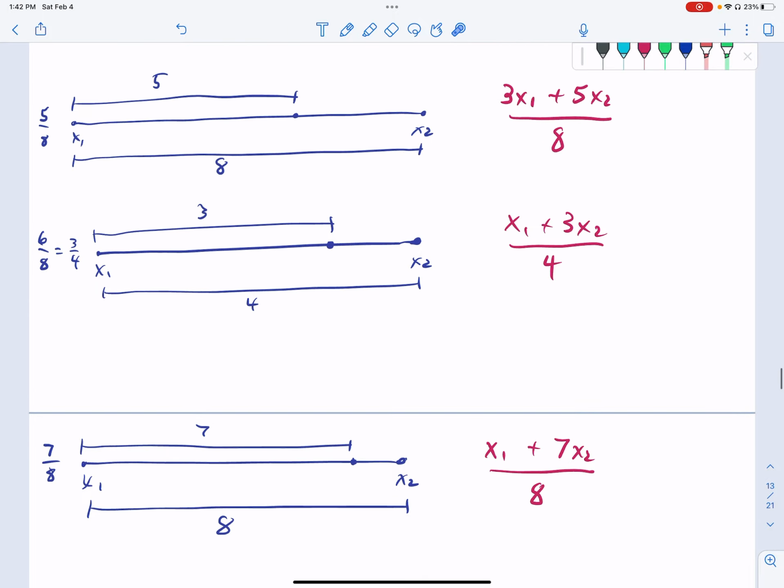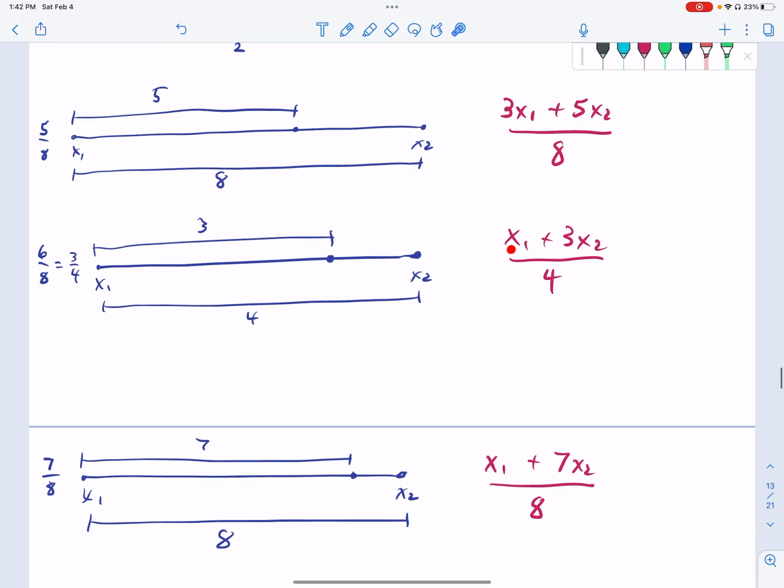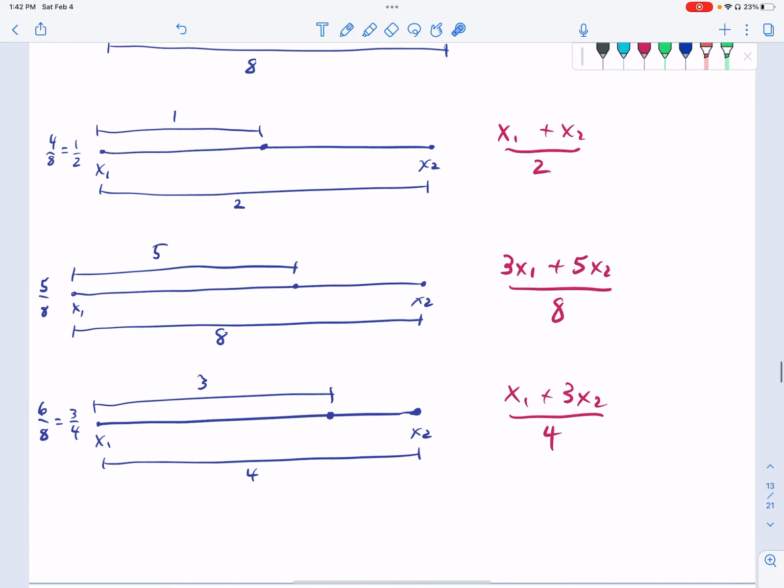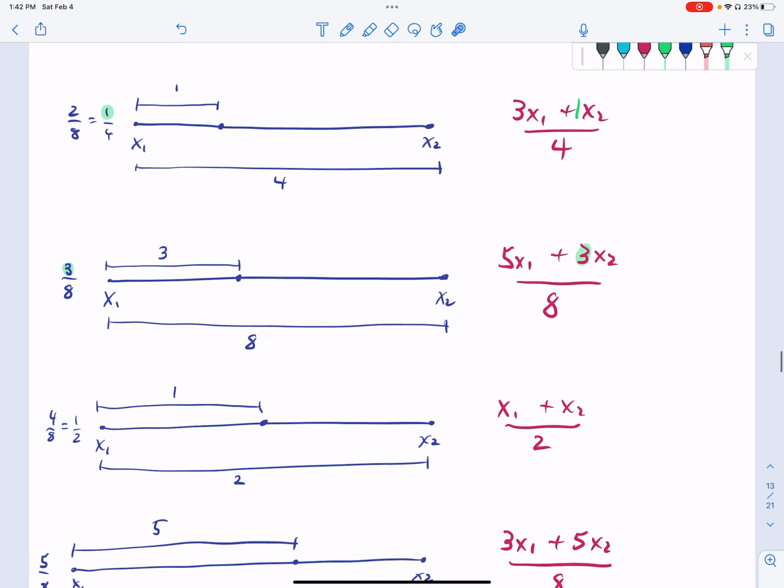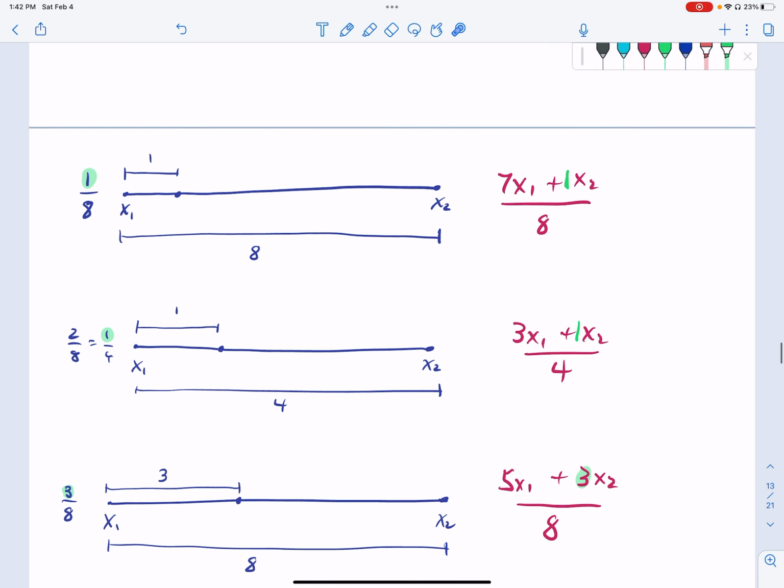So the next question is, okay, then what about the x1? What weight does it get? Where is that coming from? Let's go back up here and try to figure this out. On the 1/8 one, we can see that our fraction is 1/8, hidden inside of here with the coefficient of x2 being a 1. But where's the 7 coming from? If the whole thing is 8, and this is 1/8 of that, then everything that's left over must be 7.